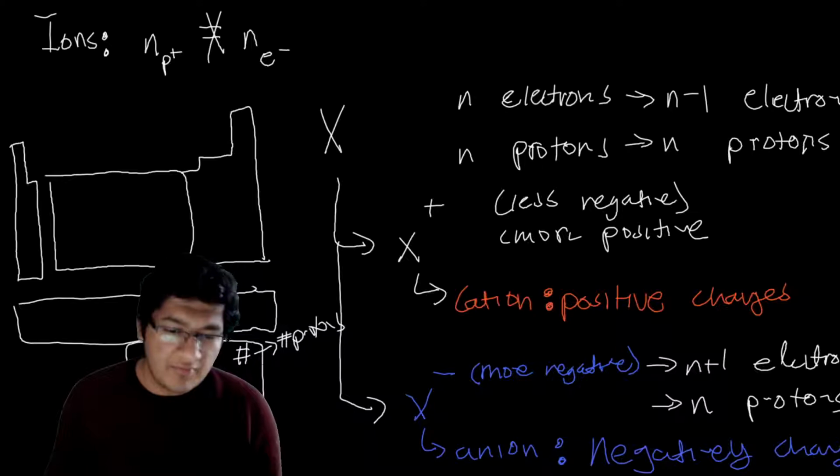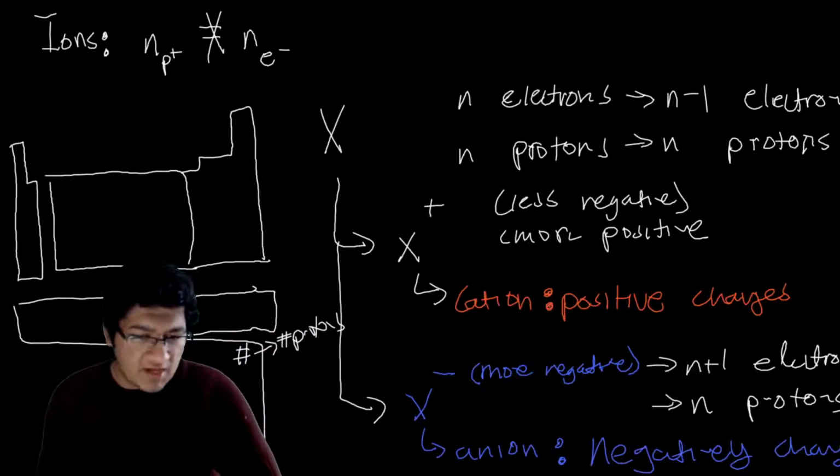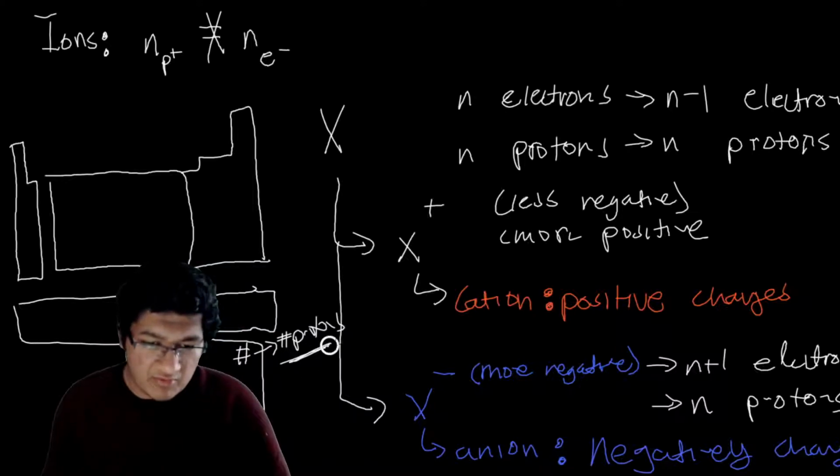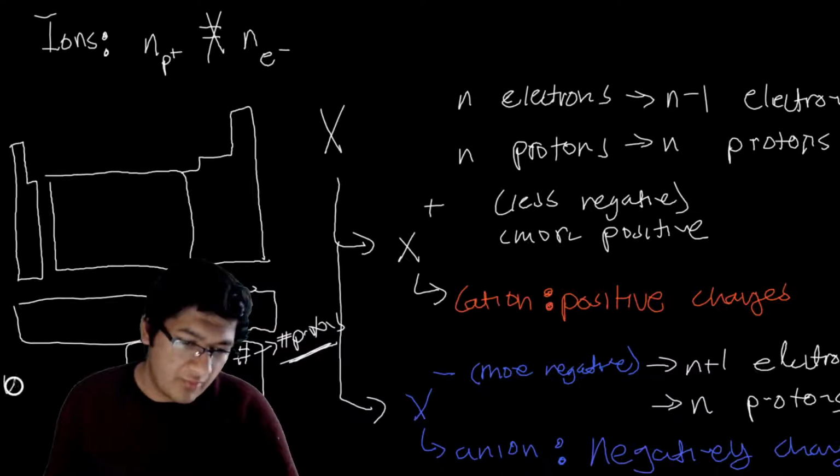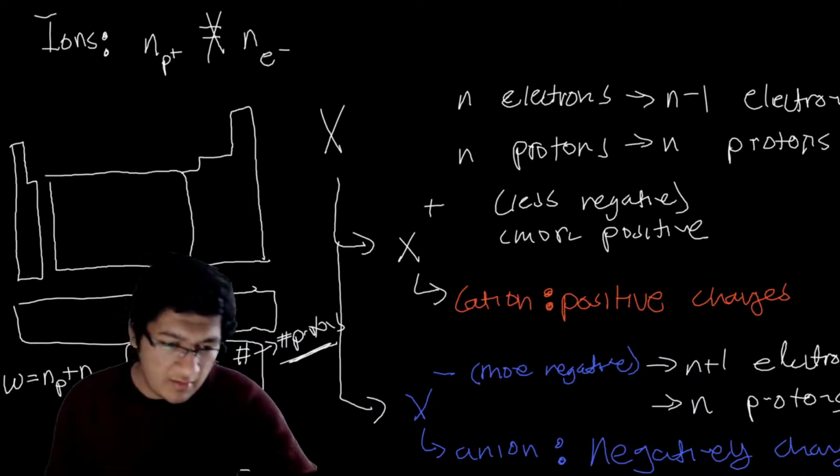If we have the number of protons and the weight, we should be able to solve for the number of neutrons. So we would just set up that weight is equal to N_P plus N_N, and then N_N is equal to W, which is weight, minus N_P. And you can solve that.